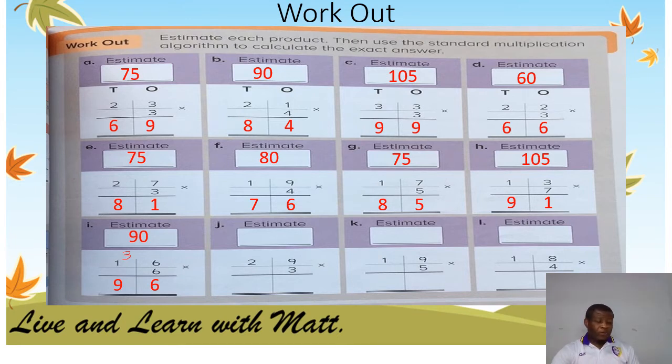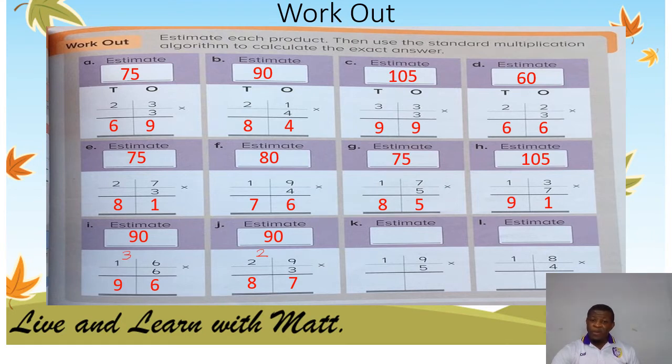Part J, the estimate is 90. Now the exact. 3 times 9 is 27. We write 7, carry 2 forward. Now 3 times 2 is 6 plus 2, that is 8. So we have 87.